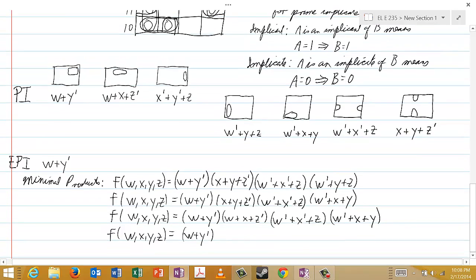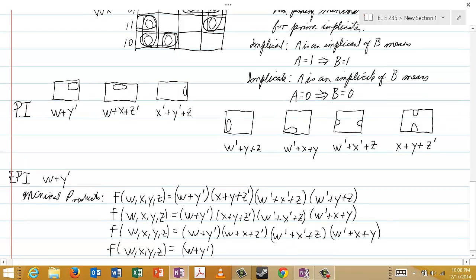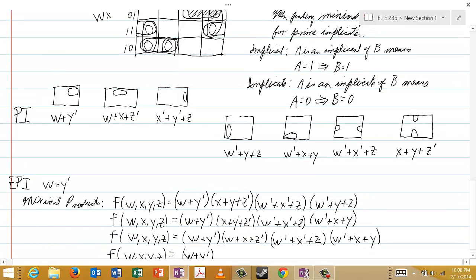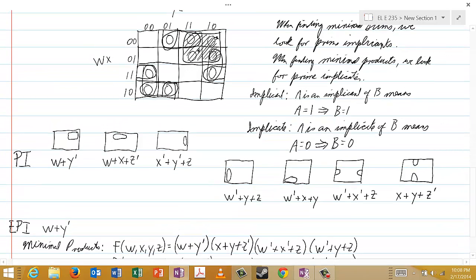And let's again return to the idea we had in our first two minimal products. We will include x or y or z prime, this one right here, so that we can take care of these two zeros.